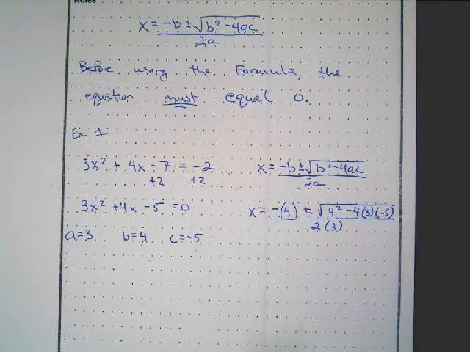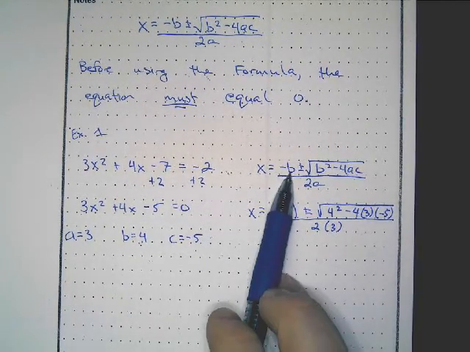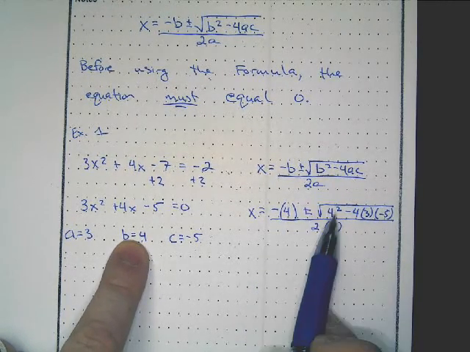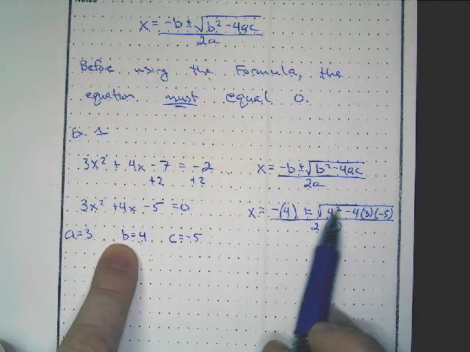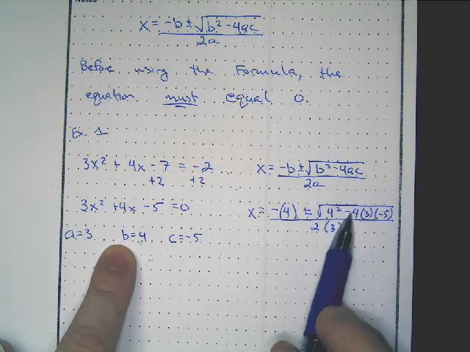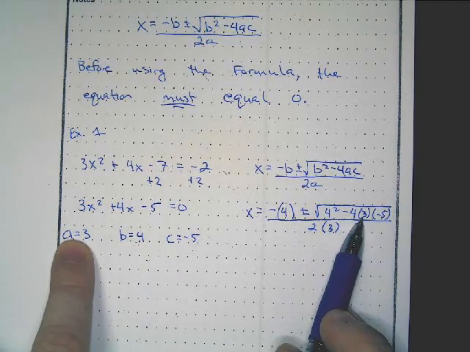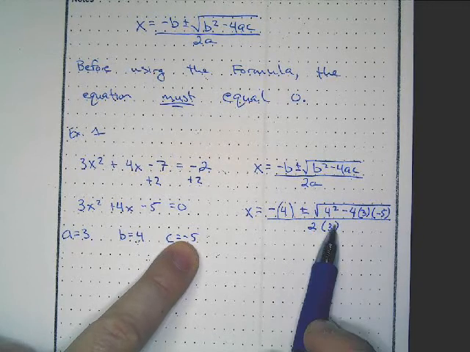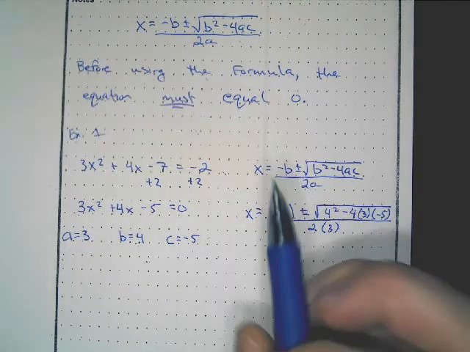I'm just plugging in. B was 4, so b squared is 4 squared. Minus 4ac, so 4 times a, which is 3, times c, which is negative 5, all over 2 times 3, which is 6.